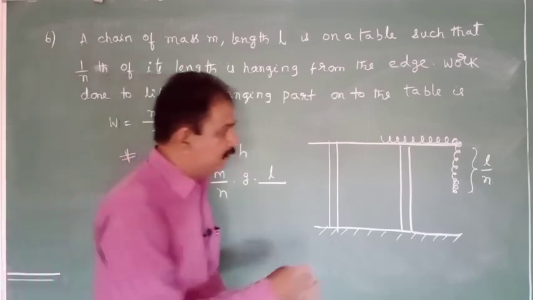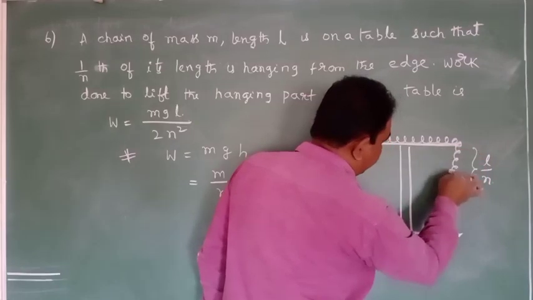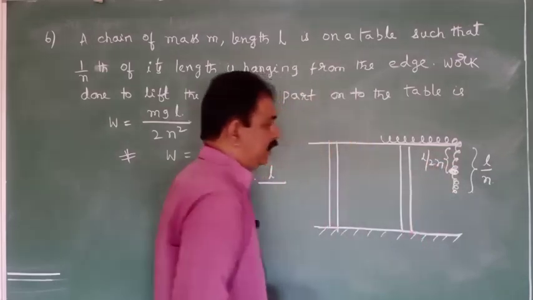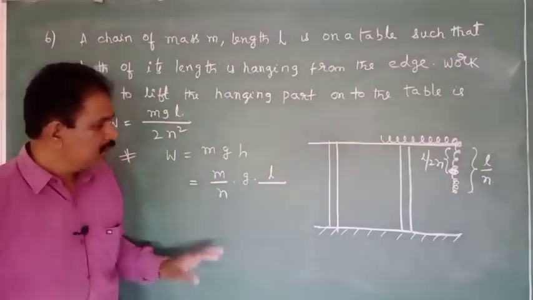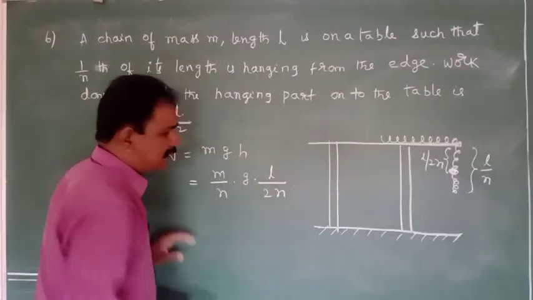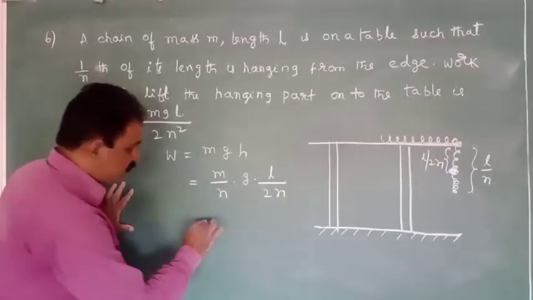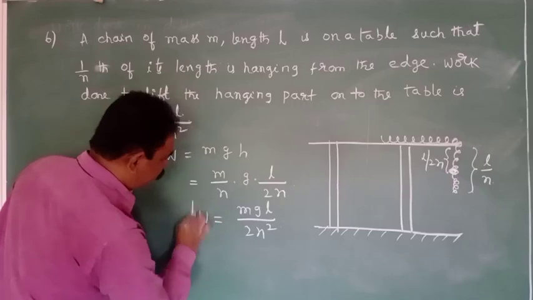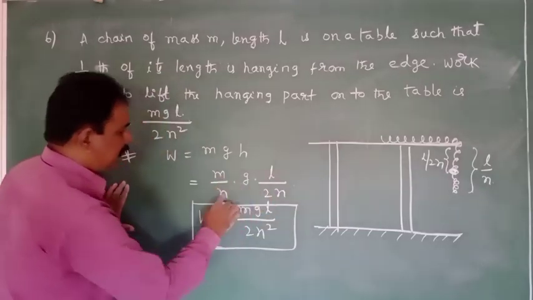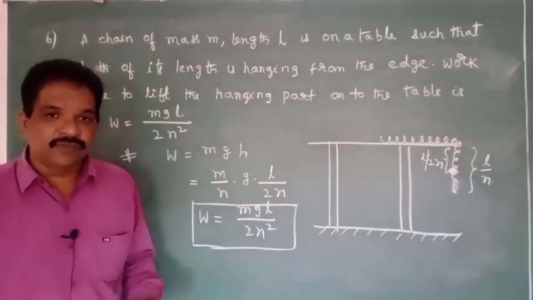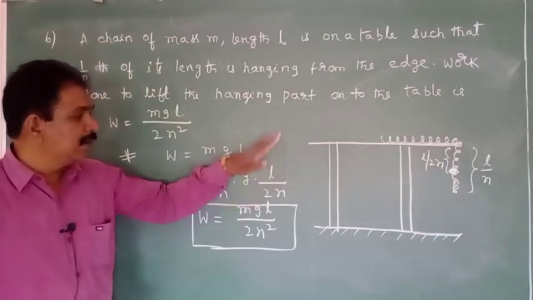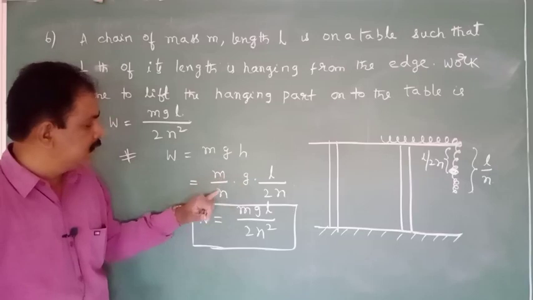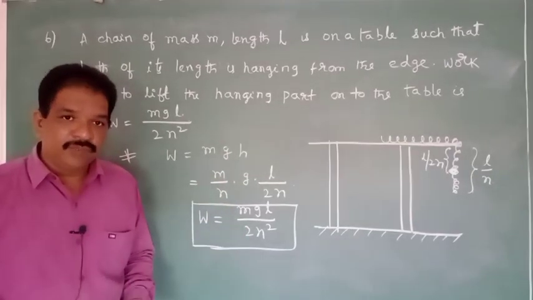The hanging part's mass will be concentrated at its center, at half the length, L by 2n. So the shift in the center of mass is L by 2n. So this value is equal to mgl by 2n square, since n into 2n is 2n square. So the work done to lift the hanging part onto the table, if 1 by nth part is hanging, is W equal to mgl by 2n square.